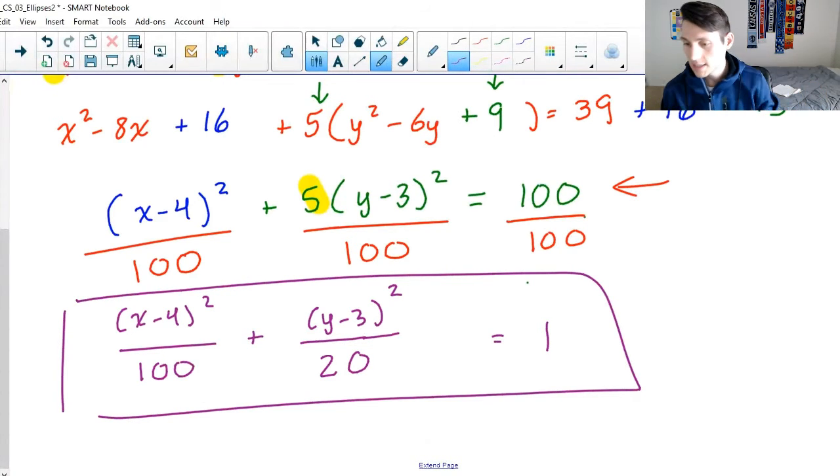So here's my standard form version of the ellipse. This is so much more useful to us because when we look at this, we can determine what the center is. We can determine what the vertices, the co-vertices, etc., and the foci.